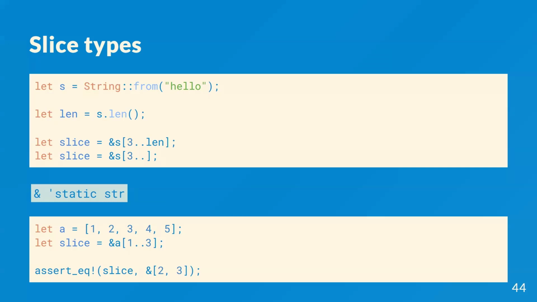Yeah, and you can also do something similar for slicing into other data, which might not even be heap allocated, it might be stack allocated. So here I've got an array and I can get a slice into that array. So slices don't care where the memory is. It just needs to be a view onto some amount of data. You will see this syntax a lot.